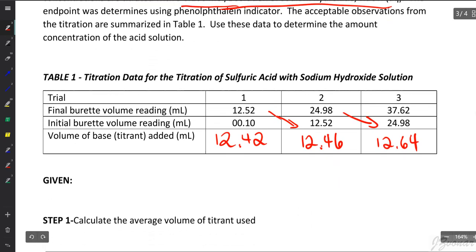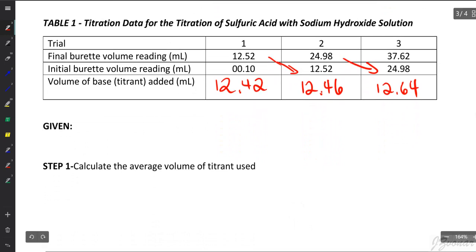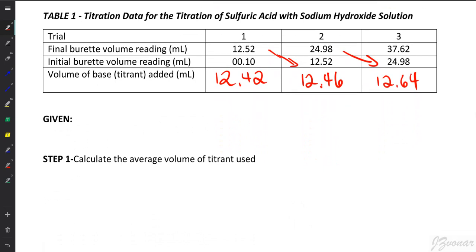And so now the first step is to find the average volume of these titrants that were used. This is pretty easy to do.